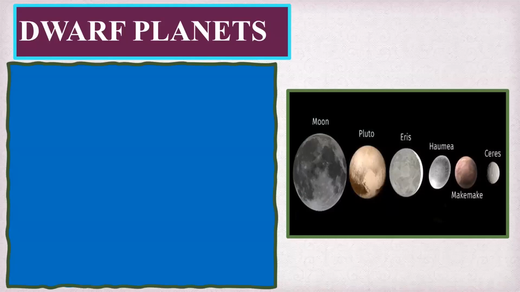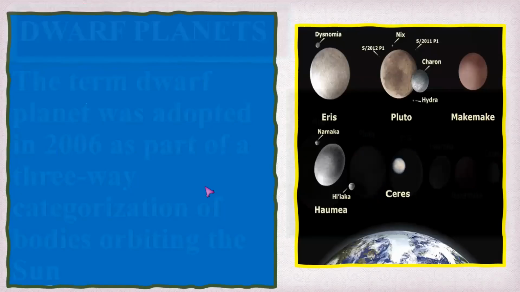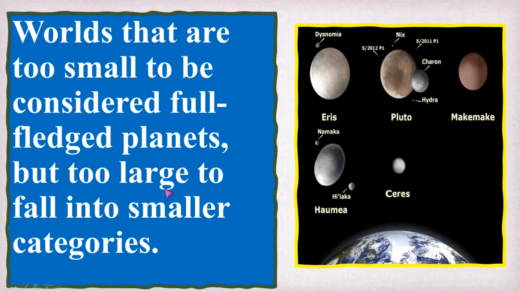Next in line are the dwarf planets. The term dwarf planet was adopted in 2006 as part of the three-way categorization of bodies orbiting the Sun. They are worlds that are too small to be considered full-fledged planets, but too large to fall into the smaller body categories.